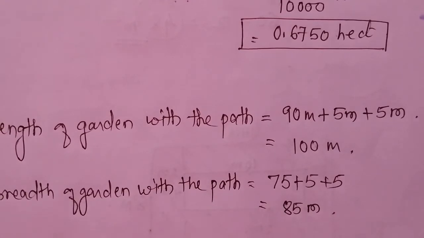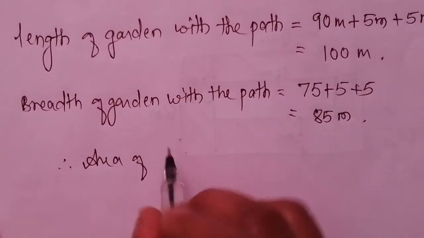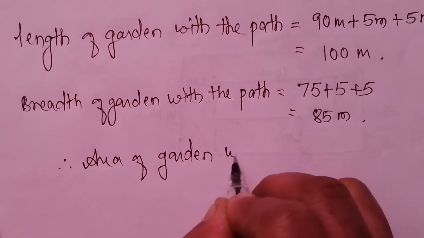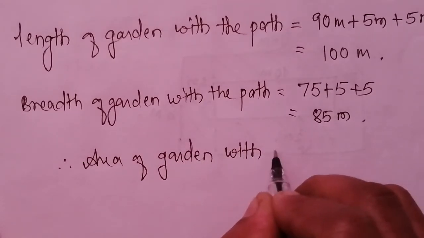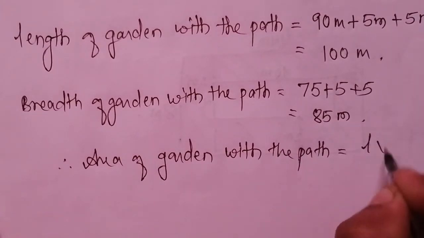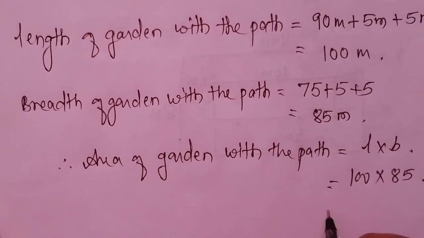Therefore, the area of the garden with the path is equal to L multiplied by B. L is 100 multiplied by B, which is 85.